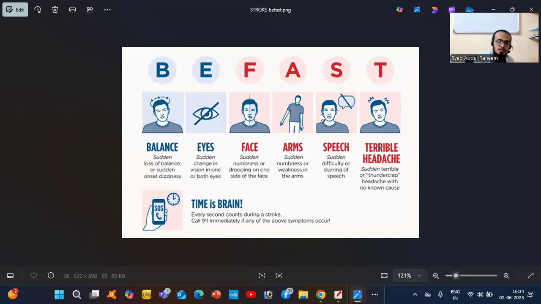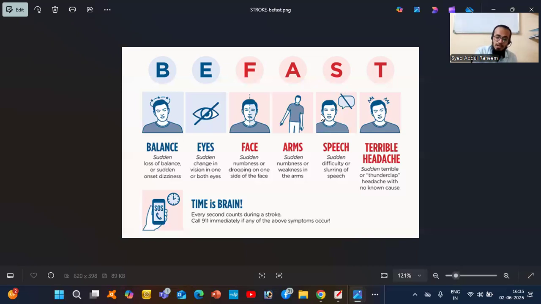Okay, so this is all for today's class. We discussed numerous things about stroke: how many types of strokes there are, what the symptoms are, what the time is, BE FAST. Okay, all this we discussed. And the classification of strokes: hyperacute, acute, subacute, and chronic.